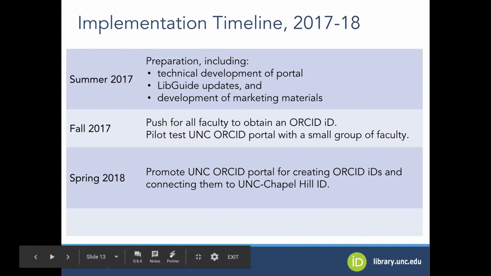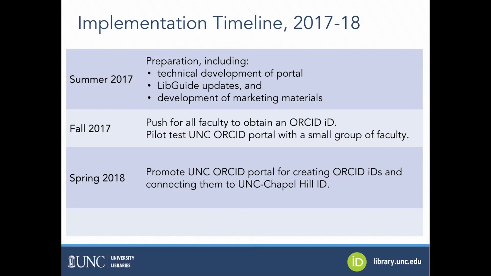So here's a view of our implementation timeline. In summer 2017, we became a member. We formed an ORCID outreach team, which began preparations for ORCID outreach and integration. In the fall of 2017, while the ORCID portal was being developed, librarians integrated promotion for obtaining an ORCID into presentations and consultations they were already doing.